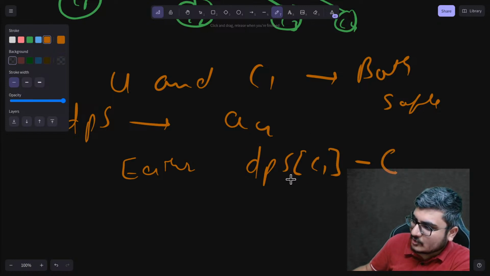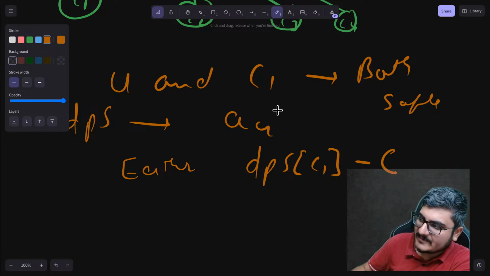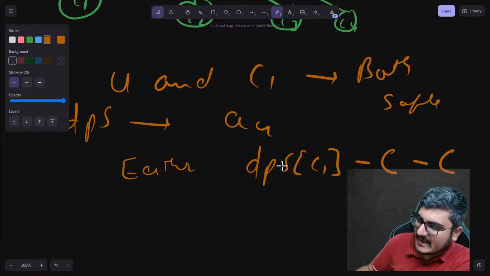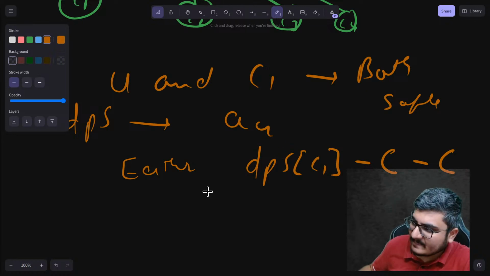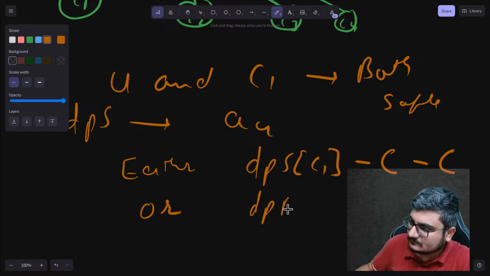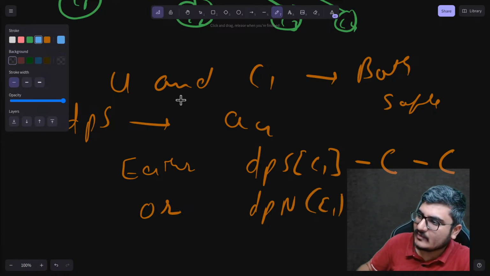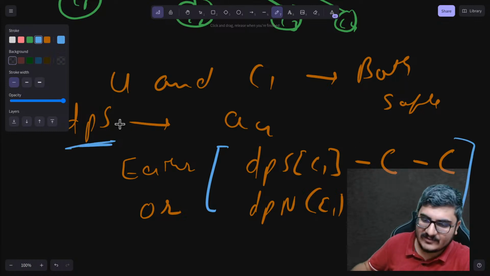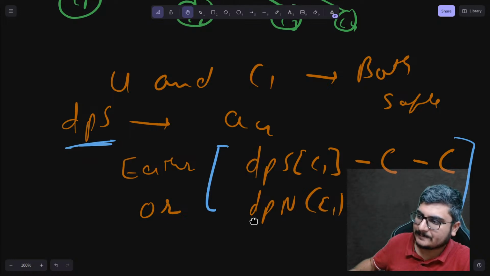And because you are also saving C1, you should also subtract C from AU as well. So you should add max of these two values for each child to this DP if you want to save U, and that would be the maximum gold we can get.